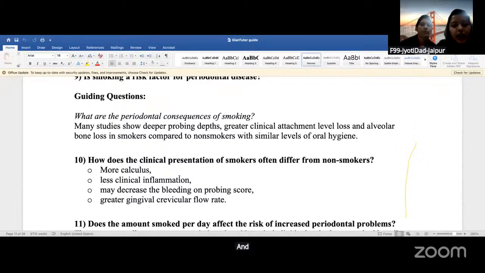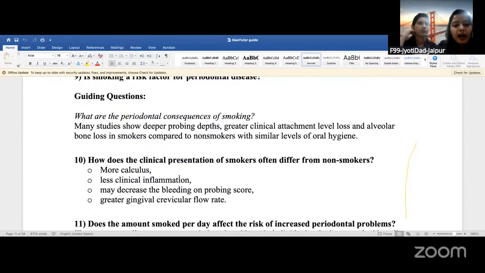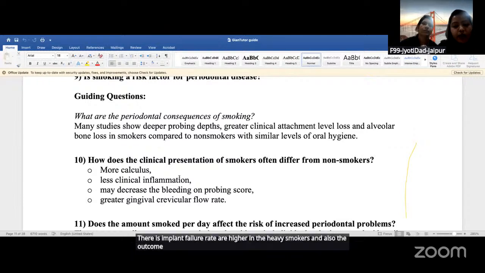Also, in heavy smokers there is decreased bleeding on probing due to vasoconstriction, which can mask the inflammation, and there is also reduced gingival blood flow. There is also a dose-dependent treatment outcome, as implant failure rates are higher in heavy smokers, and the outcome of periodontal surgery is also impaired. Thank you.